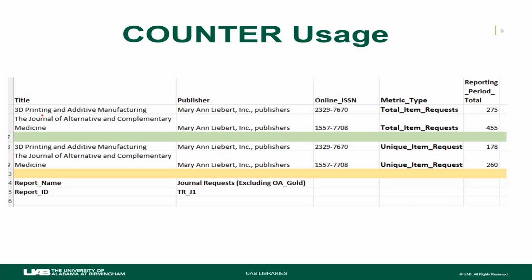But then for some of the other reasons and what you're looking at when you deal with iPads or you deal with anything else, like ACRL or ARL, you may or may not be asked to look at the total item request. You want to look at the unique item request. So I may have a user that pulls 5 articles out of the journal 3D Printed, okay?